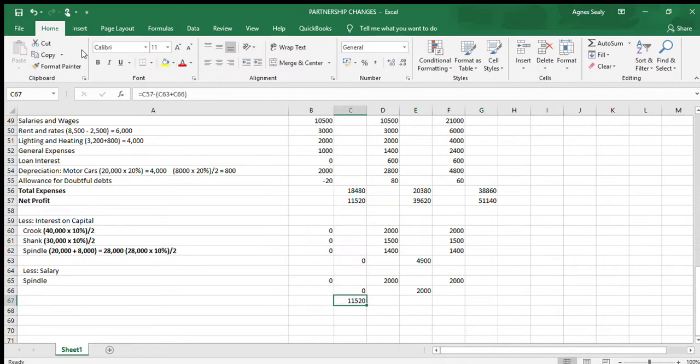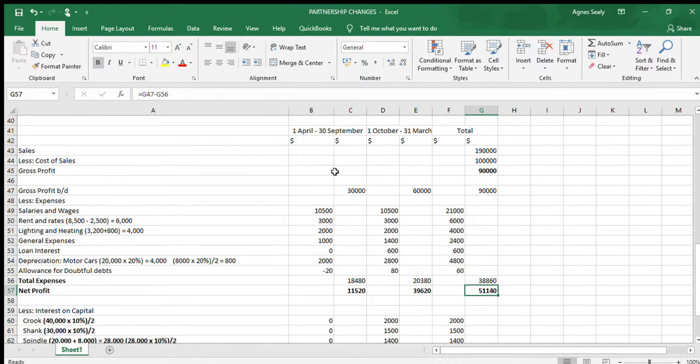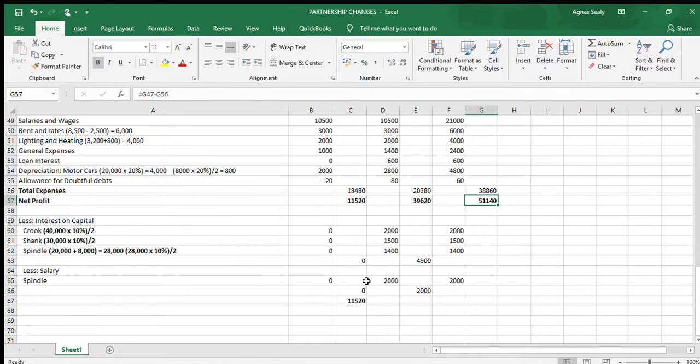So our profits have not changed, no change at all for the first period, because in the first period we didn't have any interest on capital. No one had a salary, so our net profit to be shared among the partners for April to September is the same 11,520.